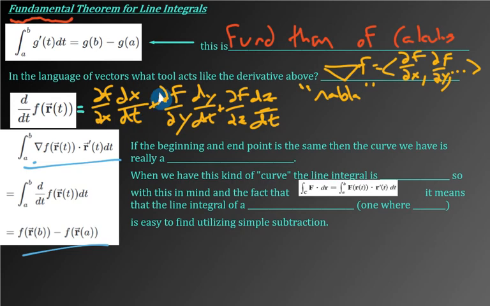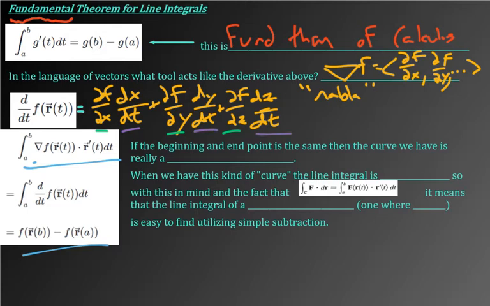But if you look at this thing, you can really think of it as a dot product. You have partial of f with respect to x, partial of f with respect to y, partial of f with respect to z, and then you've got dx/dt, dy/dt, dz/dt.